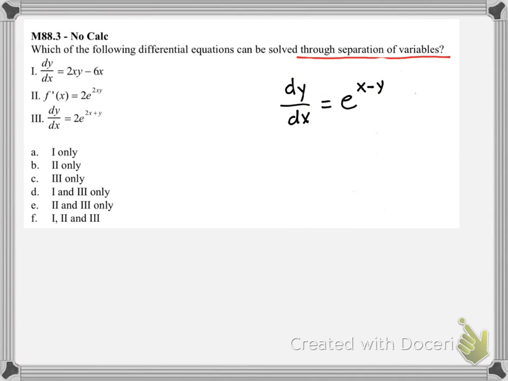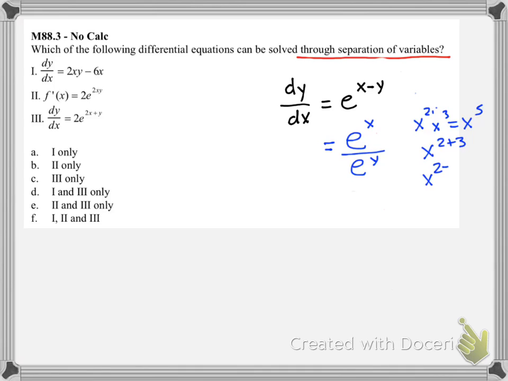Let's look at this example. dy/dx equals e to the x minus y. Well, it looks like it's going to be really hard to separate these until we remember our exponent rules, which tell us that this is really the same as e to the x over e to the y. Since it's the same base, x squared times x cubed would be x to the fifth, but would also be x to the 2 plus 3.